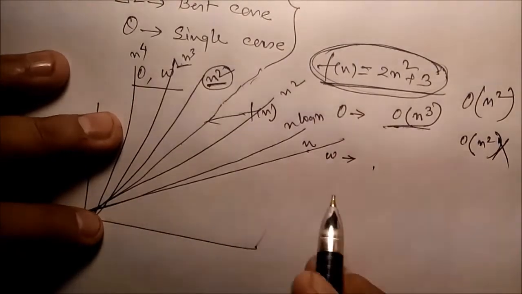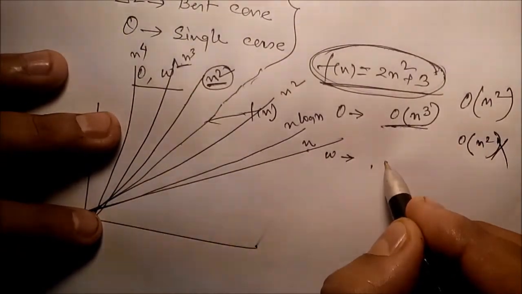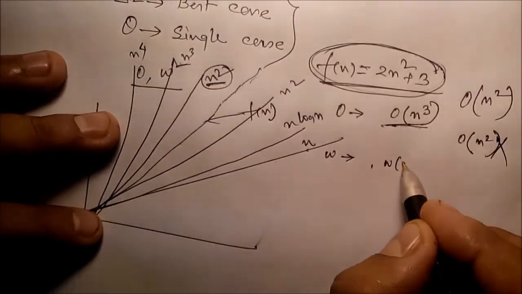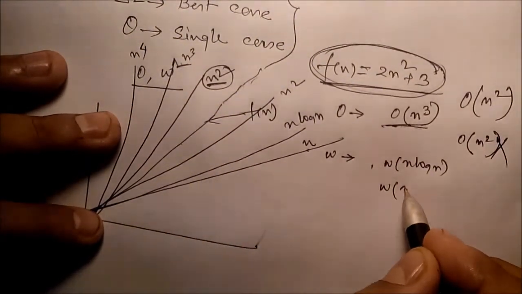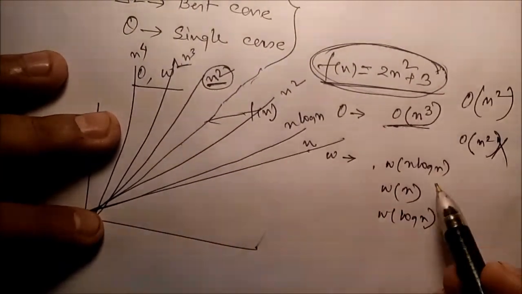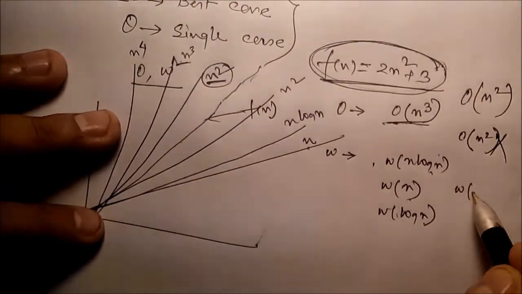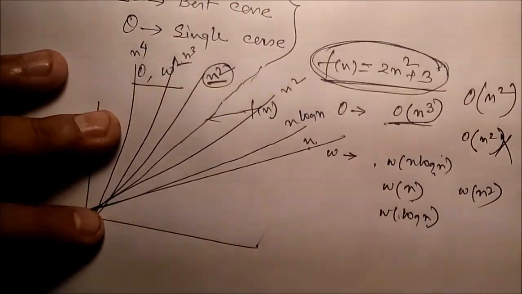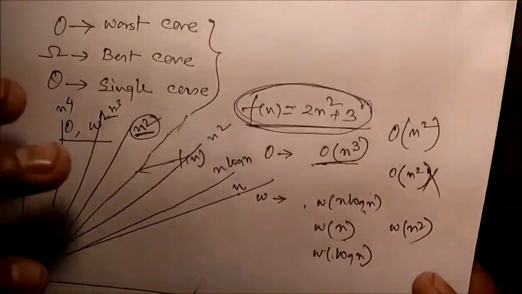For this best case complexity we can write small omega of n log n, we can write n, even we can write log n. These are not asymptotically tight, but we cannot write small omega of n square. Are you getting this?